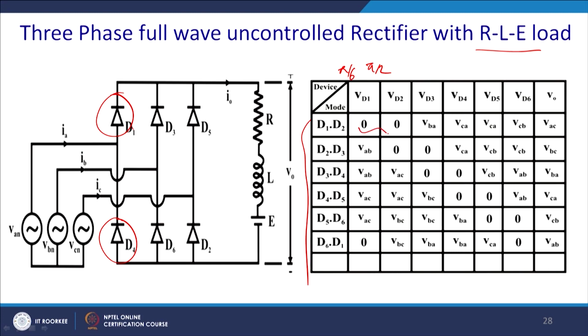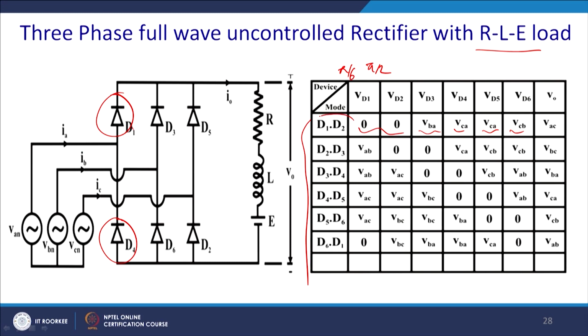Here D1 D2 conduct, thereafter when D3 D4 start conducting, it is blocking the voltages VBA and VCA. Then it is blocking the voltages VC and VCB and so on. These are the pairs of voltages it will continue to block, and accordingly you can find which voltage it is blocking, and you can get the output voltage accordingly.